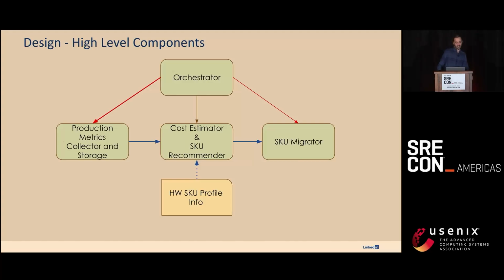All this gets fed into this cost estimator and SKU recommendation engine, which knows what SKUs we support and what their hardware is. And then finally, we have this migrator, which takes a tenant and tables running in production and moves them from one SKU to the other with no impact. And Ja is going to talk about all of that. Thanks.